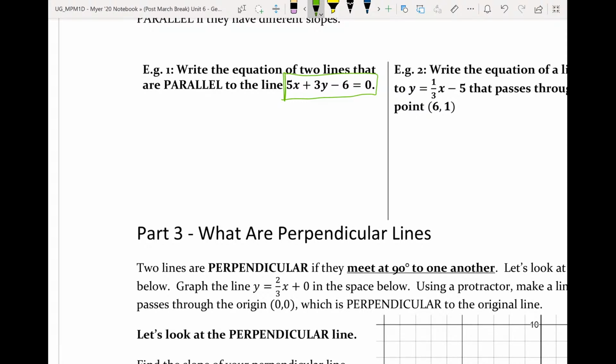So before I can write other lines, I need to put it into the slope and y-intercept form. So that's going to be my first step. So let's do that first.